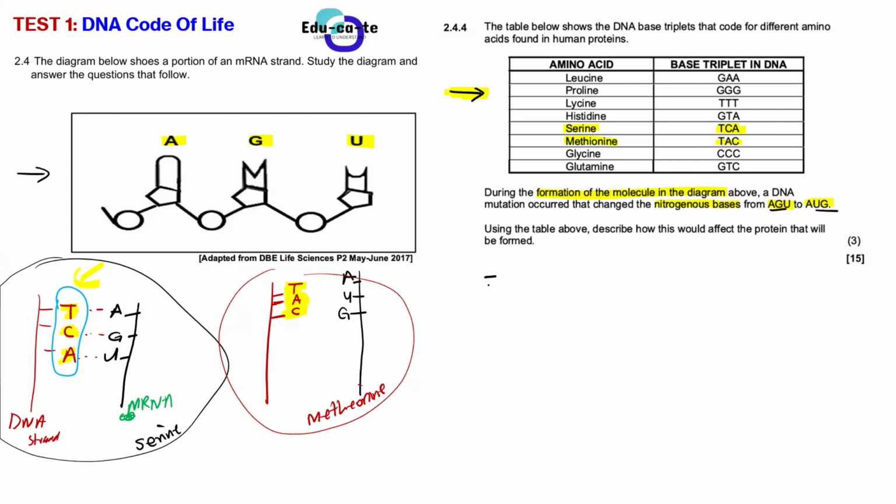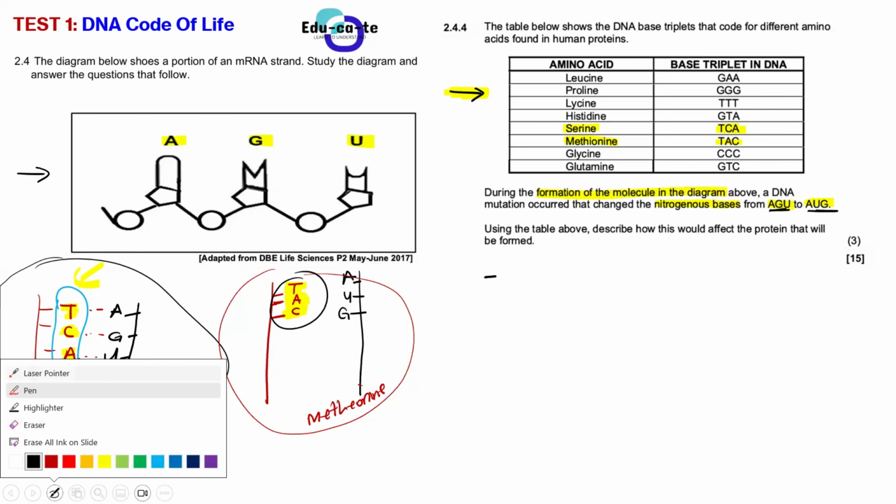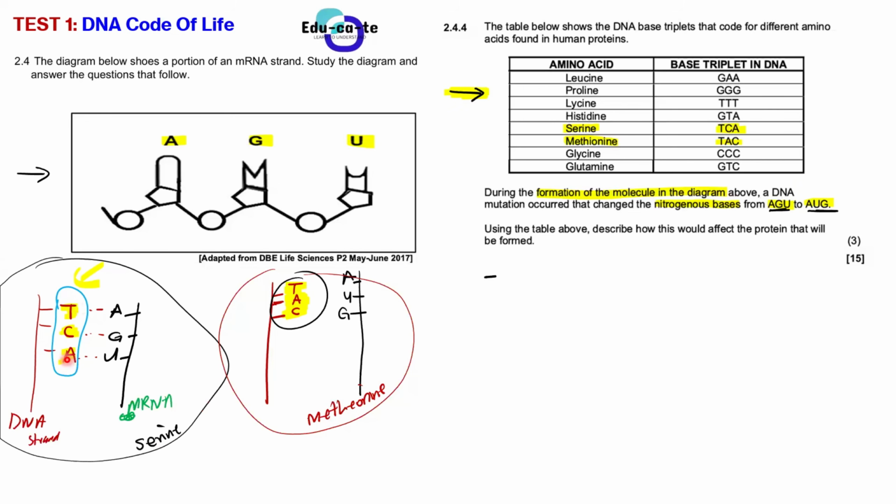For 3 marks, you tell us first of all, since the mRNA codon changed from AGU to AUG, you explain the mutation that has happened here from TCA to TAC, because remember, the actual mutation happens on the DNA. It's a DNA mutation, then it affects the mRNA.